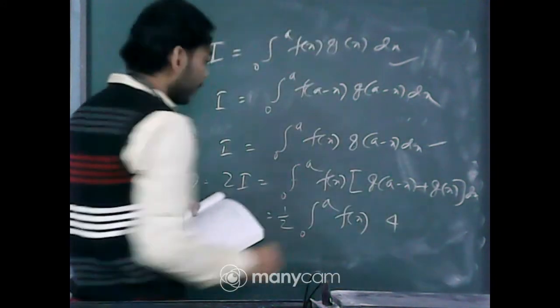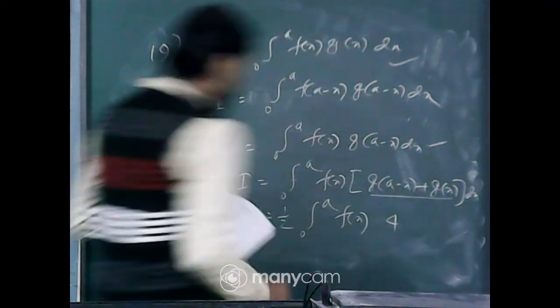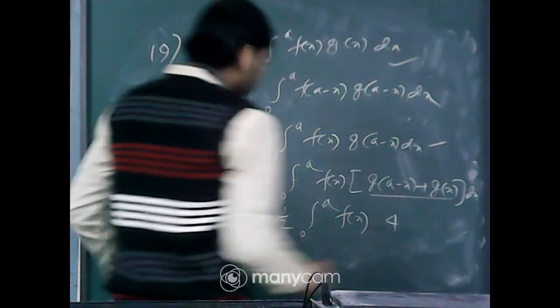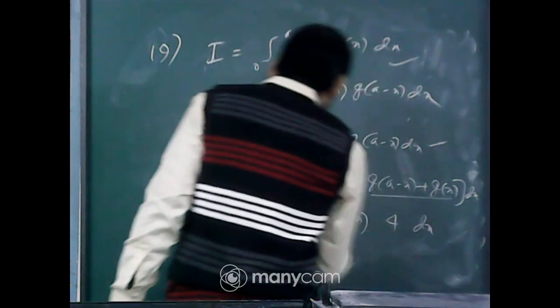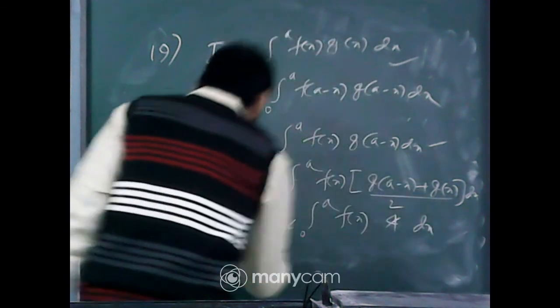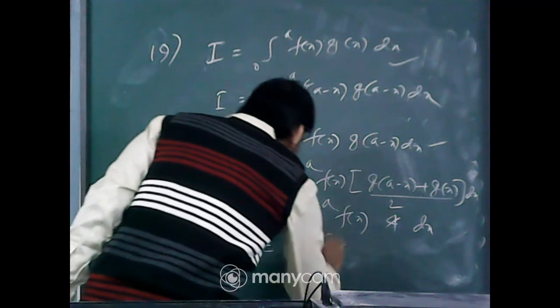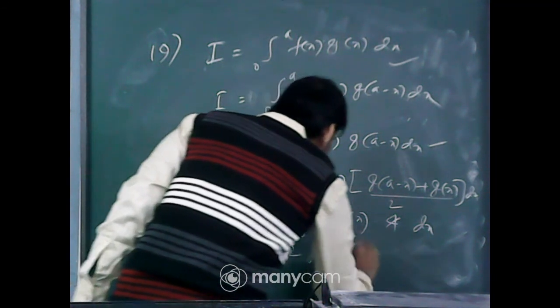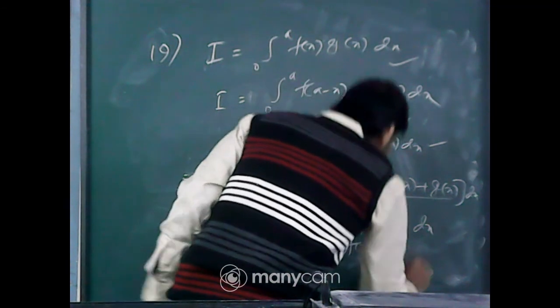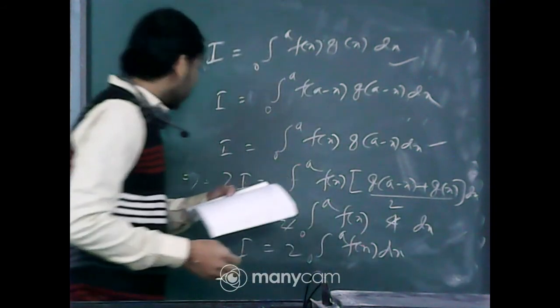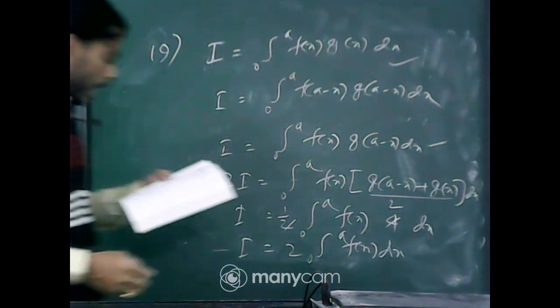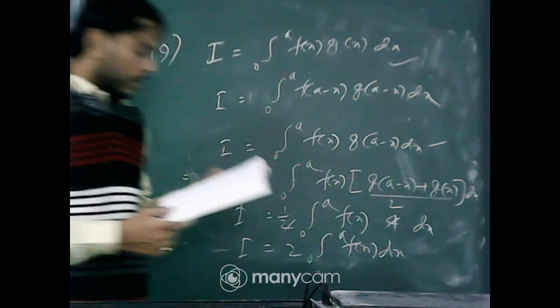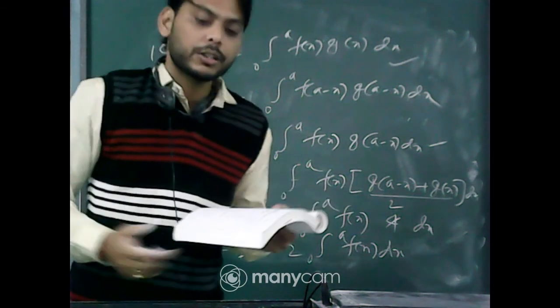This is given here, g of a minus x plus g of x equals 4, into dx. Now 2 is cancelled out, that means I equals twice 0 to a f of x dx. That is the RHS, that you are asked to prove here.